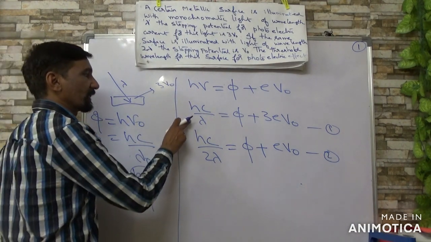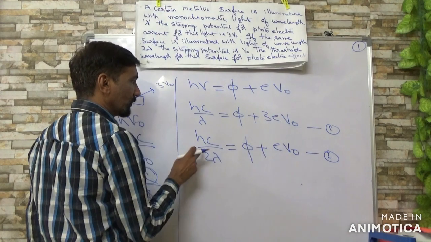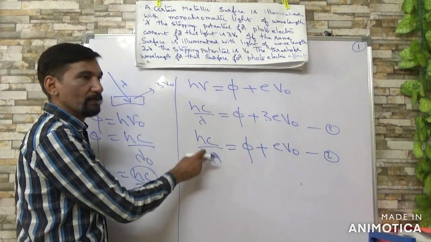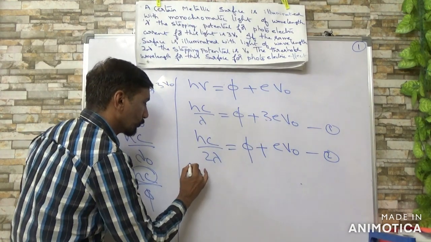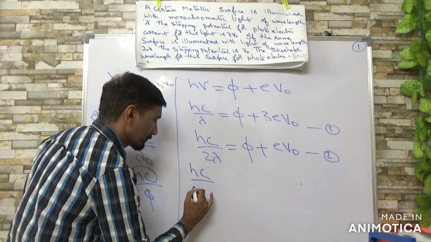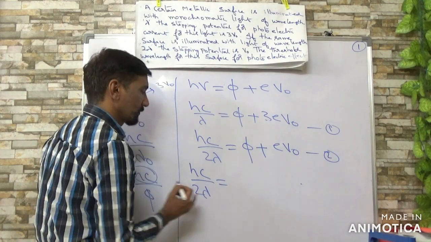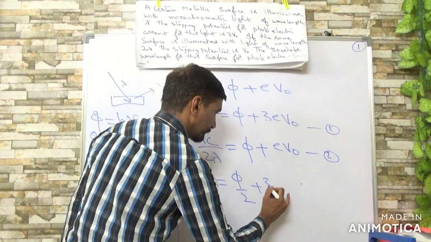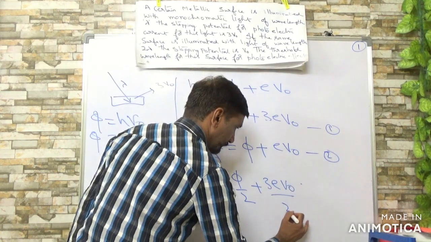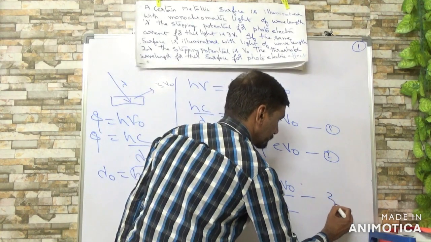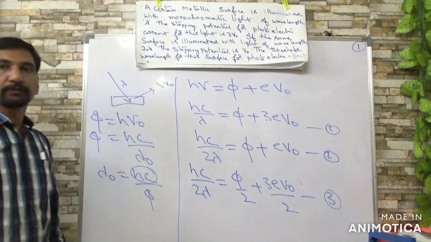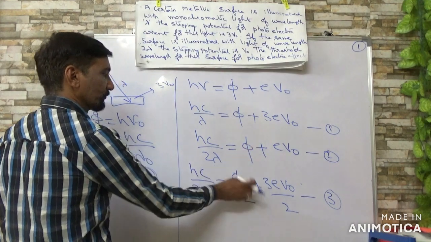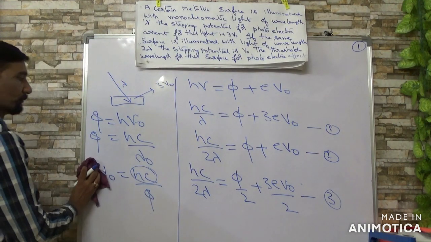Now you divide this equation by 2 so that you can equate and solve. It is hc by 2 lambda. So divide this equation by 2. You want to equate these two, so that is why you are equating.